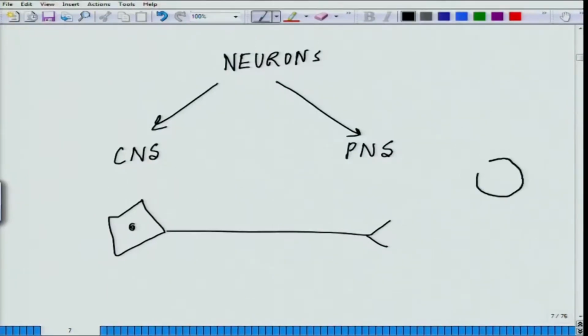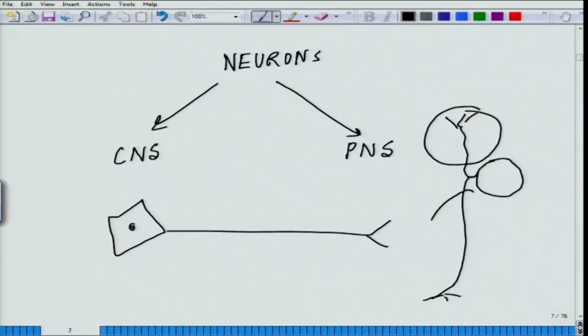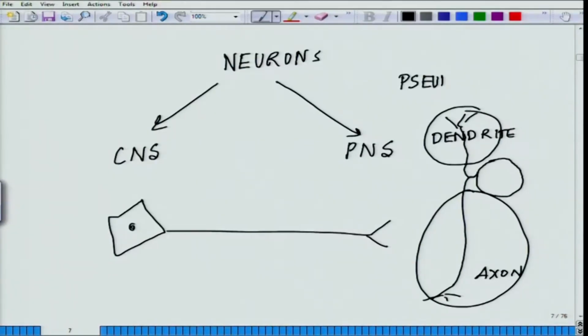One of the variations is something like this, where a single process comes out, which is called a pseudo-unipolar neuron. There are actually two processes: one is a dendrite, the other is an axon. The longer one is the axon, the smaller one is the dendrite. They could be bipolar, because this is called pseudo-unipolar.